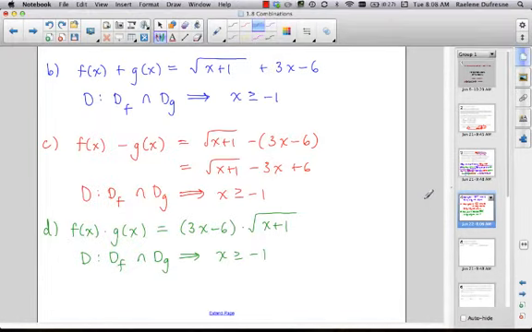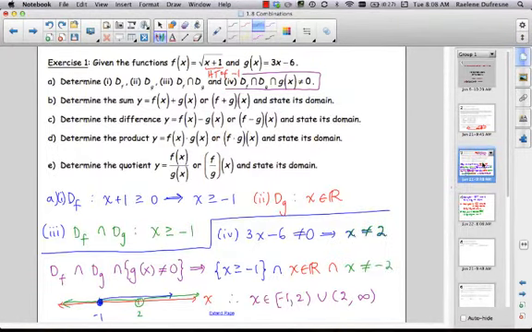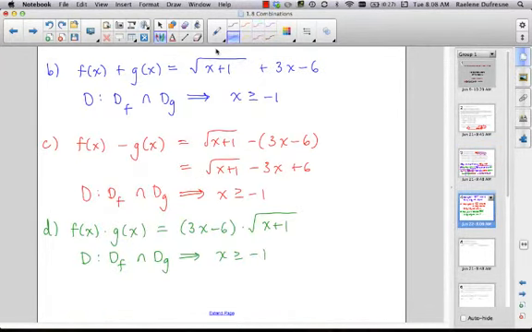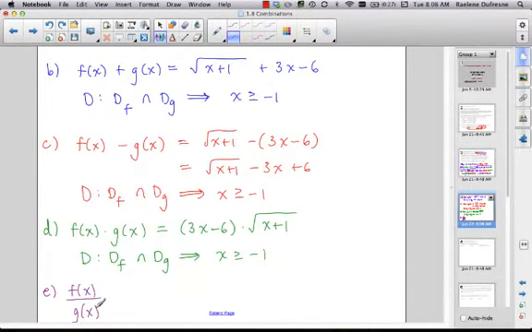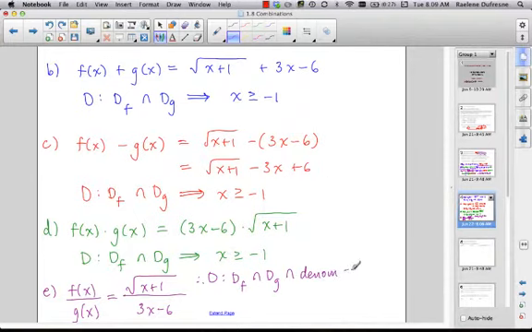And the last case we want to look at is the domain of the quotient. So for the domain of the quotient, we have to consider something a little bit different. The quotient, it does matter the direction of the quotient, and it says f of x over g of x. And so we are going to get the square root of x plus 1 in the top, all over 3x minus 6. So here the domain is going to be the intersection of the domain of f with the domain of g, with the denominator not equal to 0.